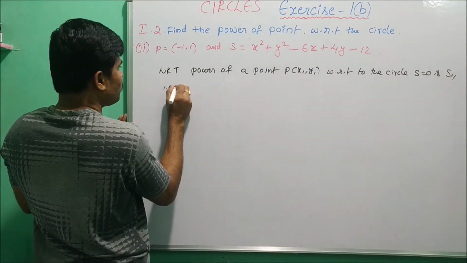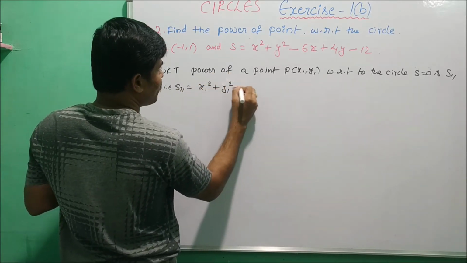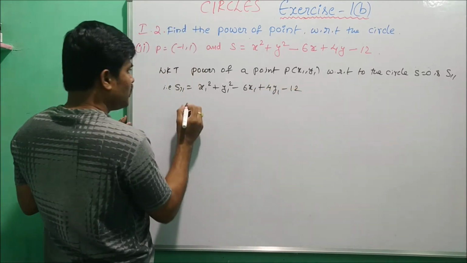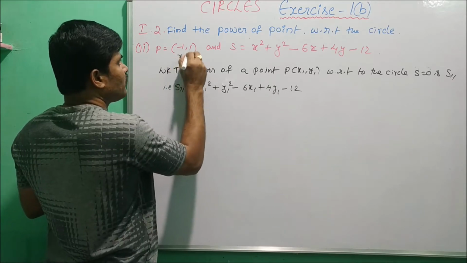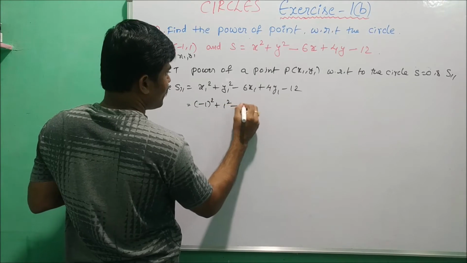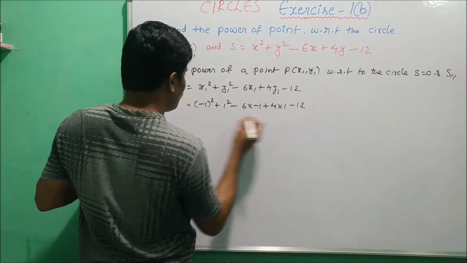That is, S11 means here we take x1 square plus y1 square minus 6x1 plus 4y1 minus 12. Now we substitute minus 1 and 1, so this is x1, this is y1. So minus 1 whole square plus 1 square minus 6 into minus 1 plus 4 into 1 minus 12.